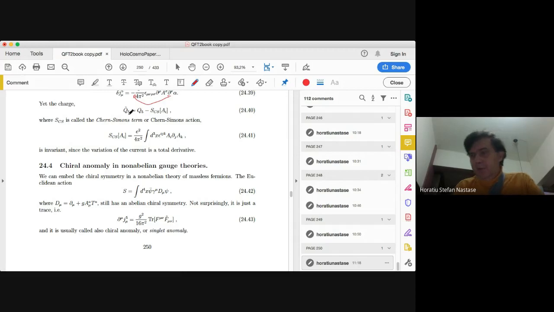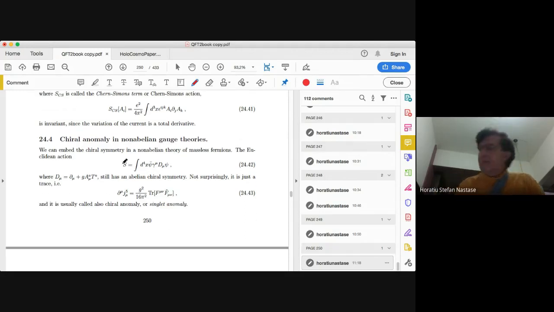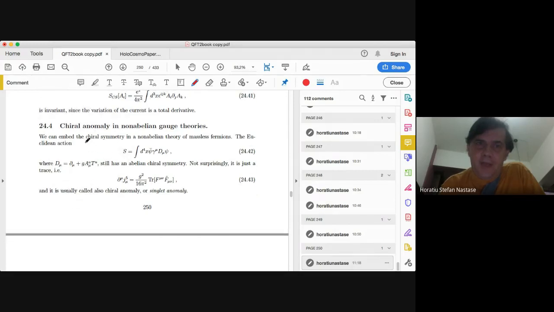All right, now let's move on to the non-abelian case. We can embed this chiral symmetry in the non-abelian theory of massless fermions. So the Euclidean action for the massless fermions is again ψ̄ γ^μ D_μ ψ, but D_μ now is non-abelian, has ∂_μ plus g A_μ^a times the symmetry generator T^a.